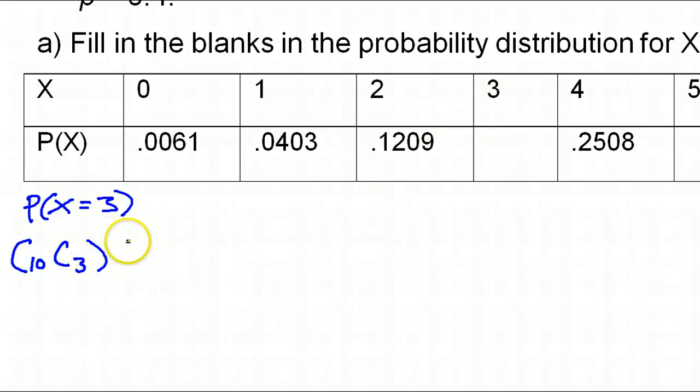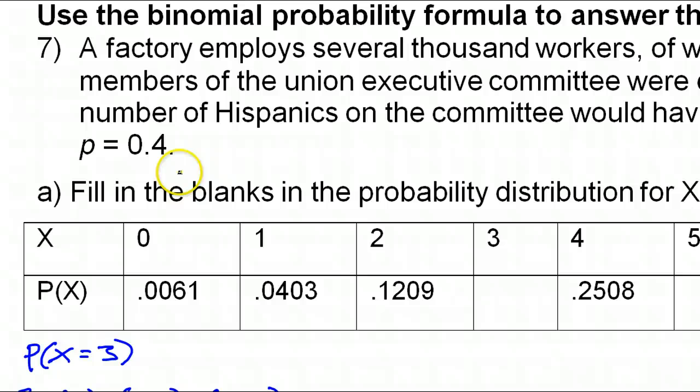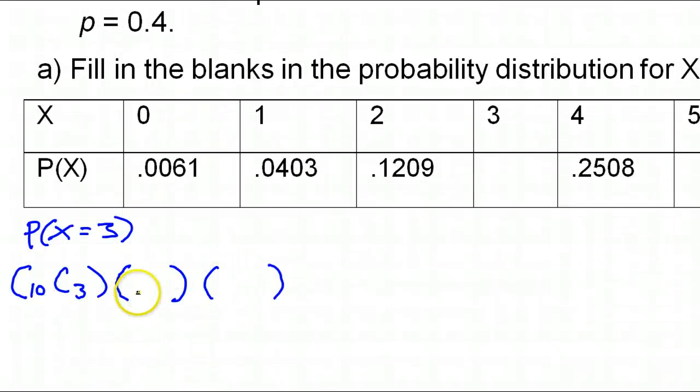Next comes the probability of success times the probability of failure. Probability of success, well, they said there were 40% Hispanic, so that's a probability of 0.4. So that goes right here. If 0.4 is the probability of success, then what's the probability of failure?